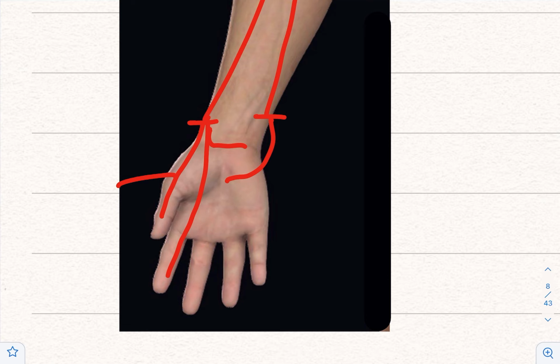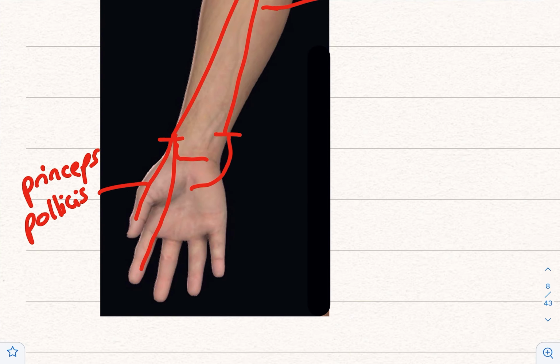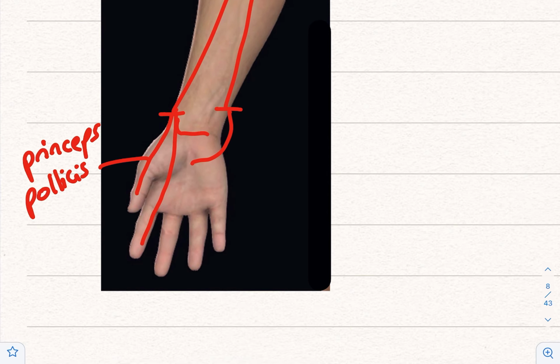So this artery is the princeps pollicis artery. That's supplying the thumb, and it's branching off the radial artery. You also have the index finger, because it's super important. The radialis indicis. That shows it's coming from the radial artery, and it's for the index finger.